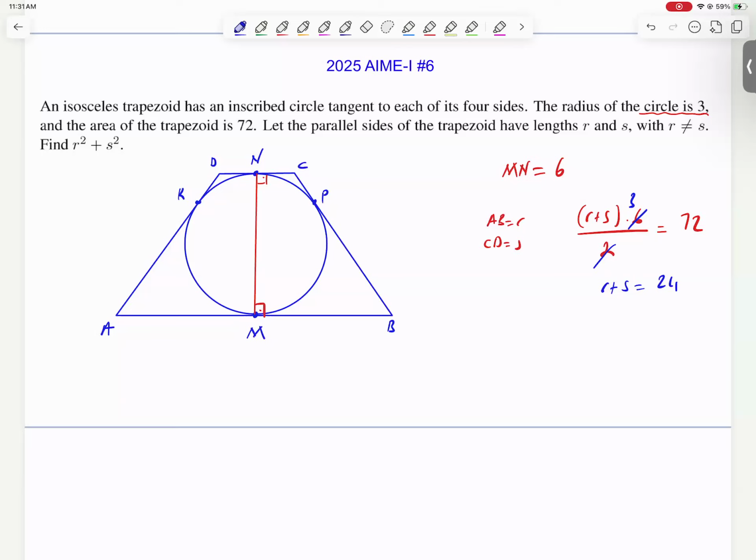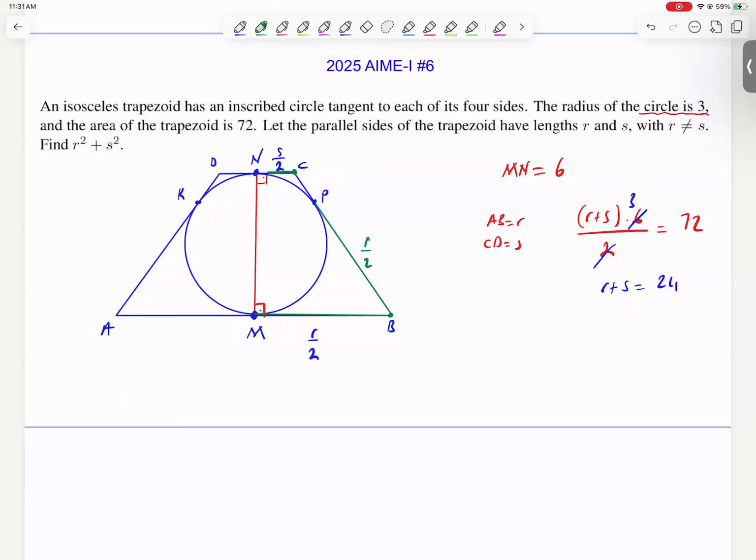The second observation is that M must be the midpoint of AB and N must be the midpoint of CD. If AB is equal to r, MB has to be r divided by 2, and NC is equal to s divided by 2. From an outside point, if we draw tangents to the circle, then BM must be equal to BP, which is also r divided by 2.